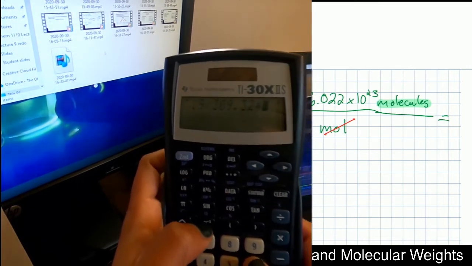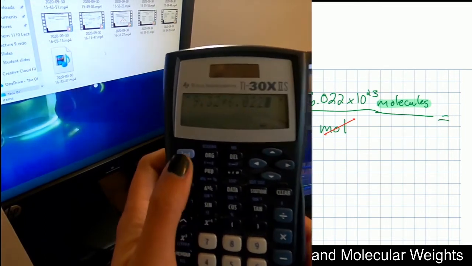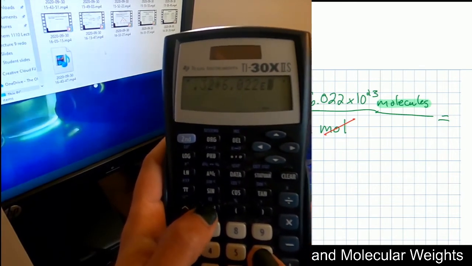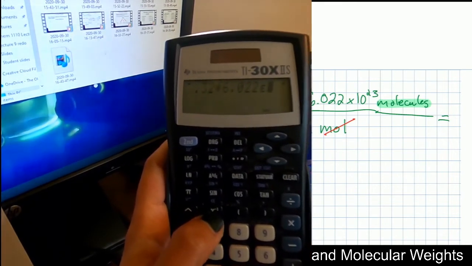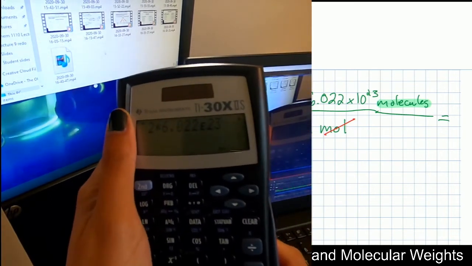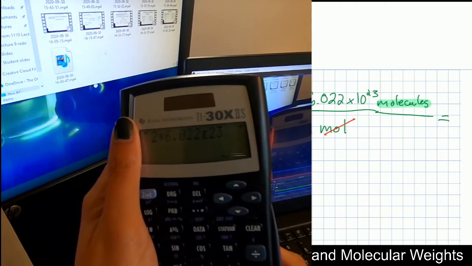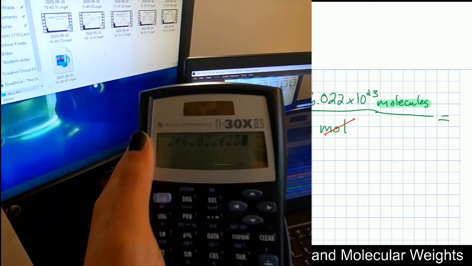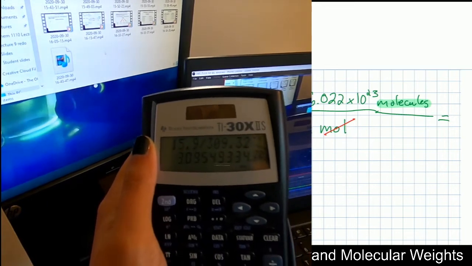So I'm going to write 6.022, second, and then EE. A little E shows up, and then you put the exponent, 23. See how I wrote 6.022 E 23, where E replaces the times 10 to the. All right, and so there's our answer.